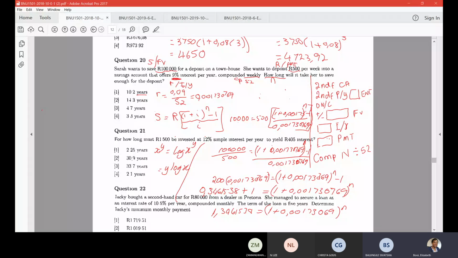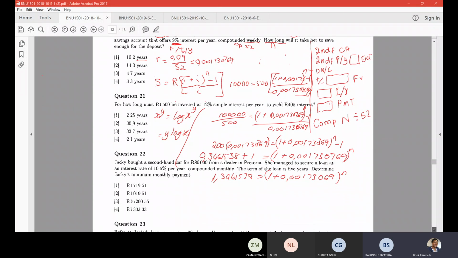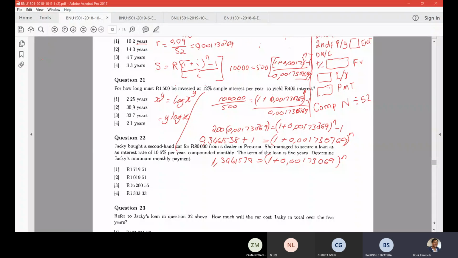So we can do it the same way, but remember also what you do on the right must also be done on the left. So if we apply the log on the right, where we say the log of 1 plus 0.001730769 to the power n, we must also apply the log to the other side.